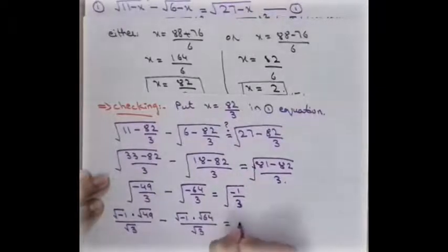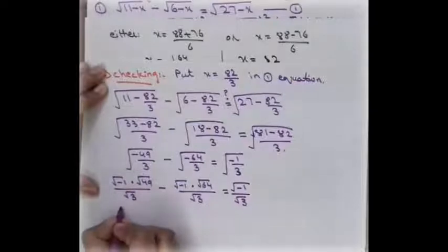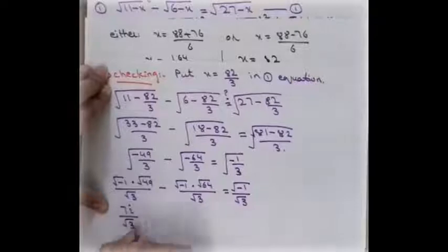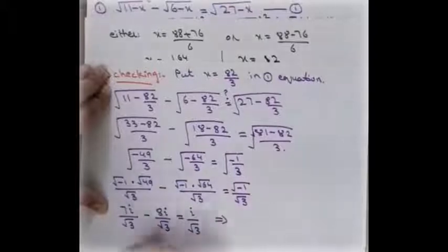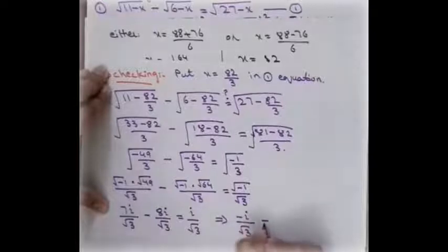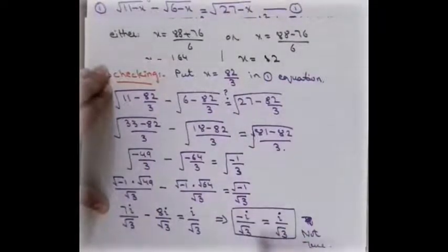Basically we split the root, so the square root of minus 1 is iota, and the square root of 49 is 7, so 7 iota over root 3 minus 8 iota over root 3, which equals minus iota over root 3. This is also not a valid solution because the equality does not hold.